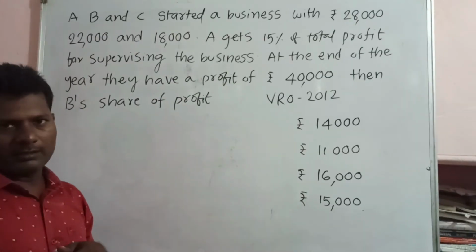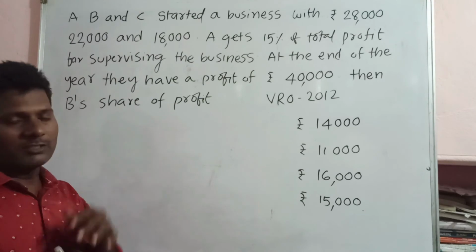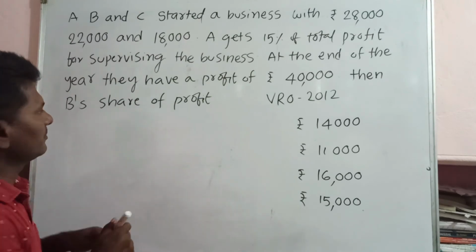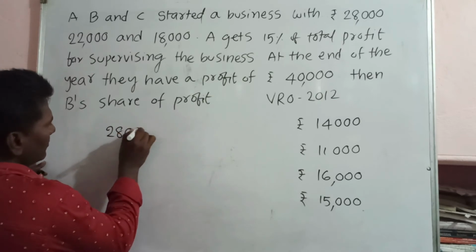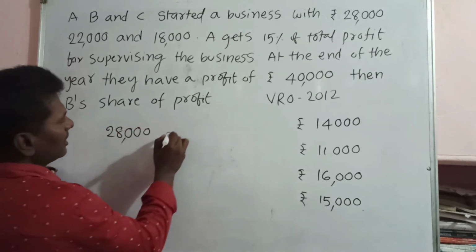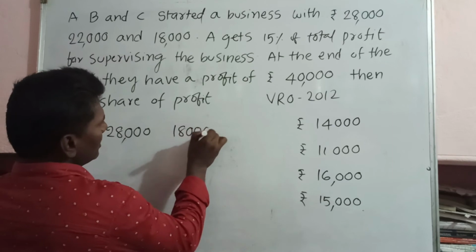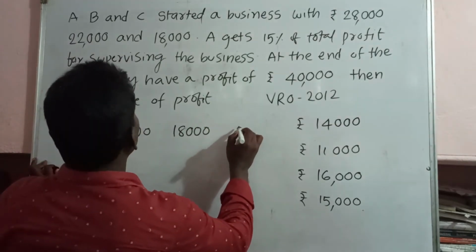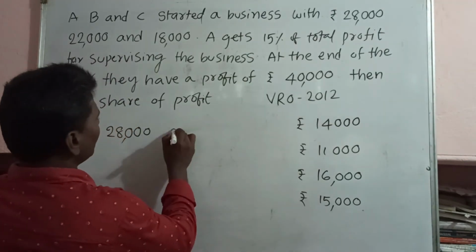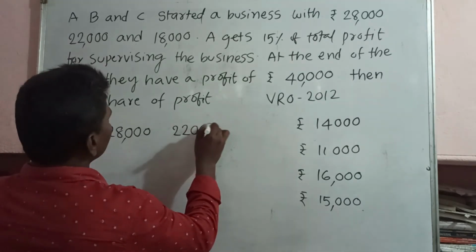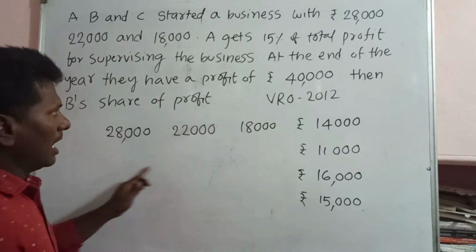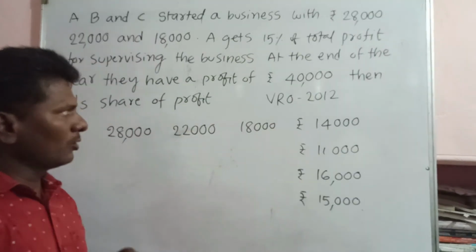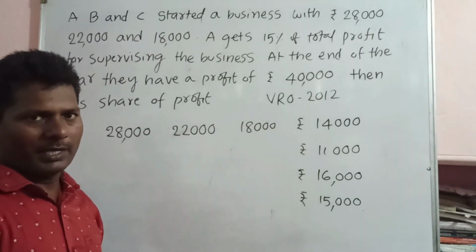First we have to write the investments of these three persons. A's investment is 28,000, B's investment is 22,000, C's investment is 18,000. At the end of the year, that means there are no changes in the time period.